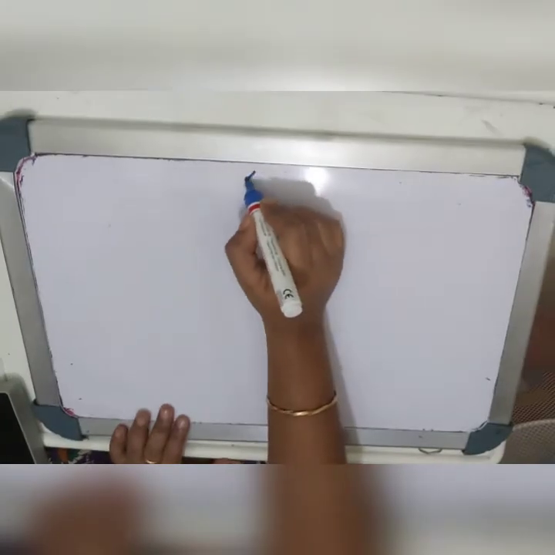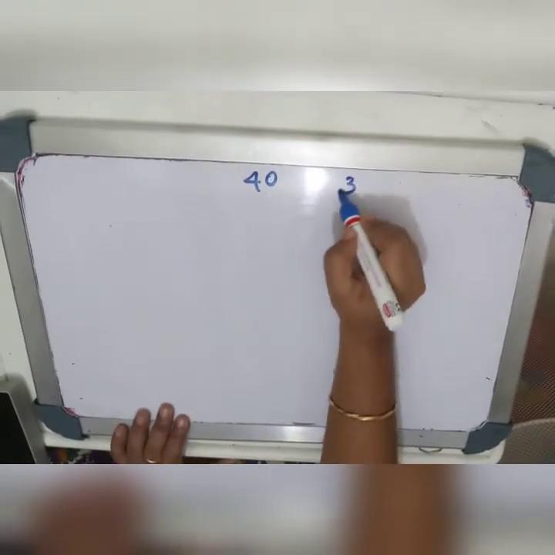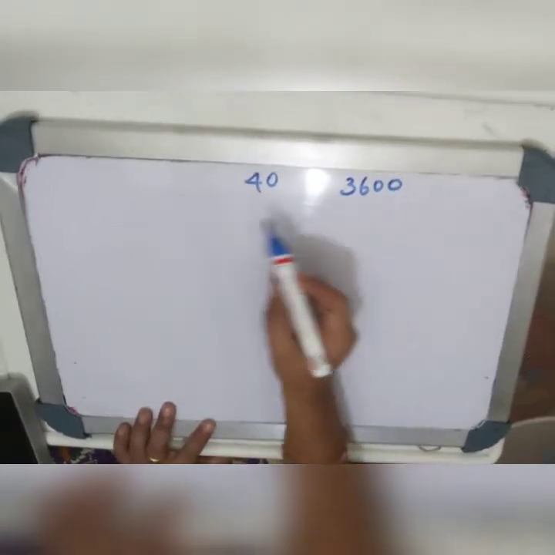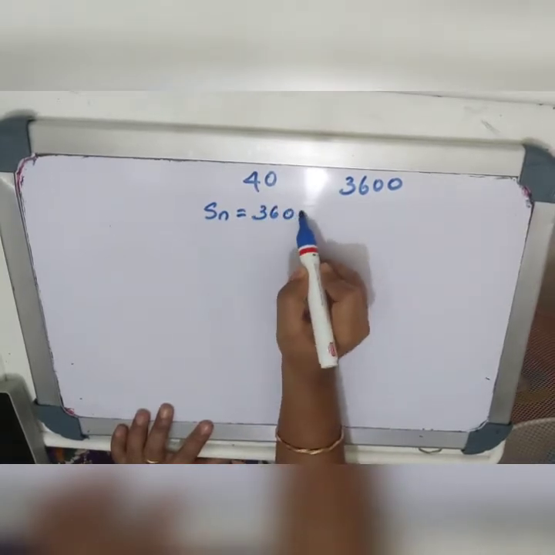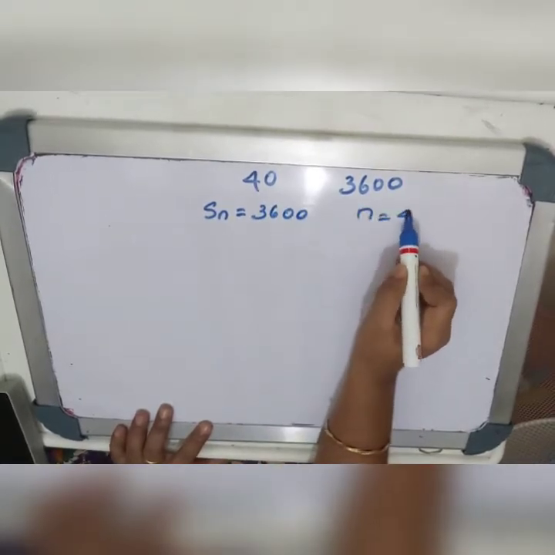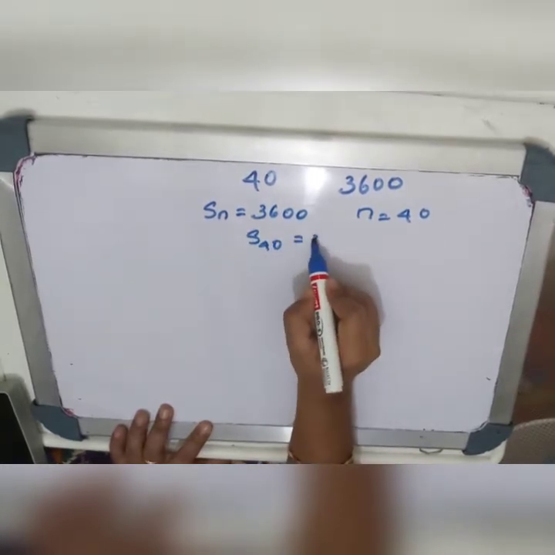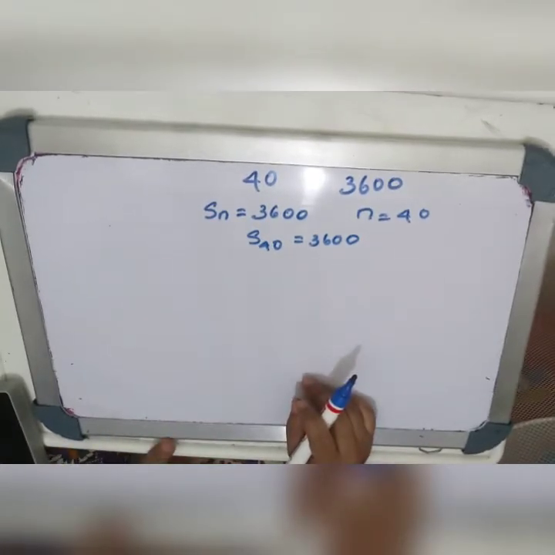He pays the amount in 40 installments and the total amount he has to pay is 3600. So the sum of all the 40 installments, Sn is 3600 and n is 40. So S40 is 3600. Okay, what else is given in the question?